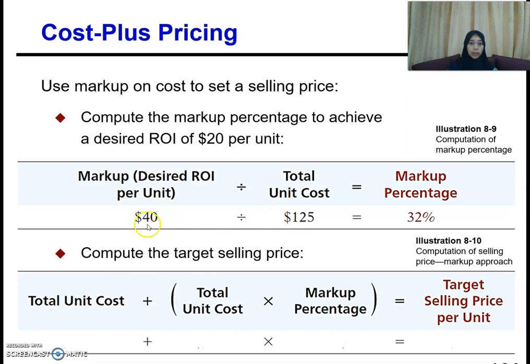So your profit, that is your desired ROI just now, 40 divided by 125. So you will get 32%. If the question asks you to compute the target selling price, so that will be the total unit cost plus the total unit cost times the markup percentage, then you will get a target selling price of 165. Okay, this one is how you work it out.